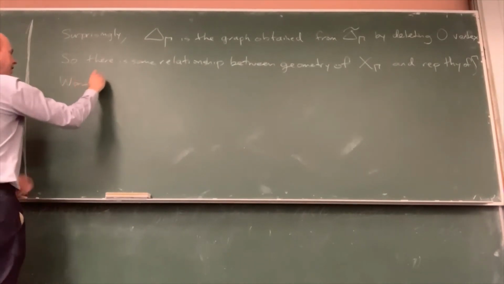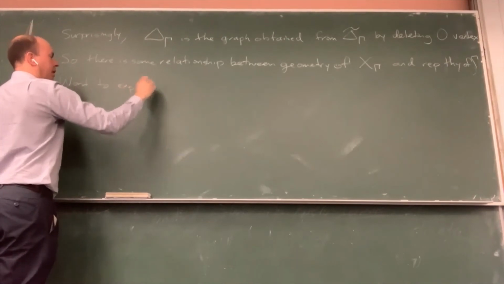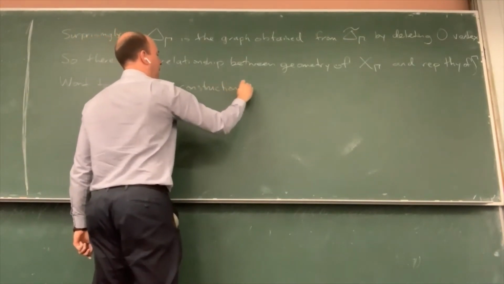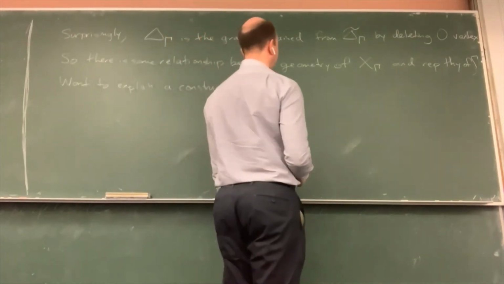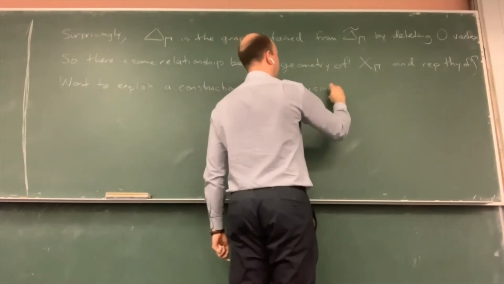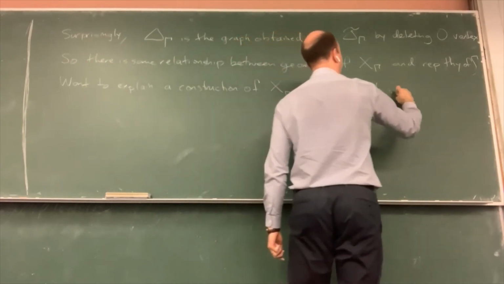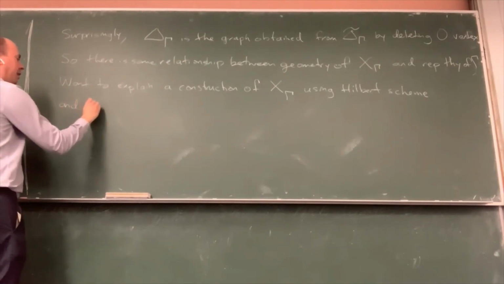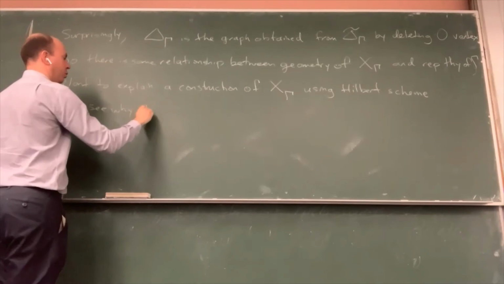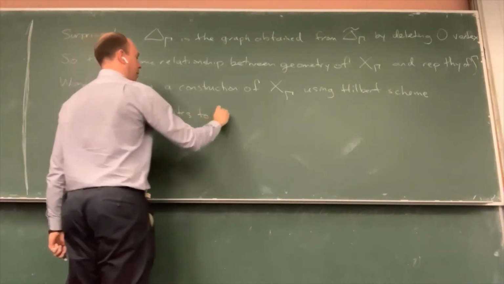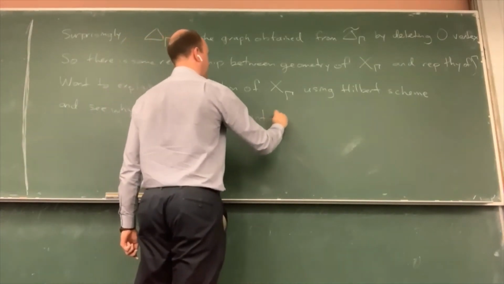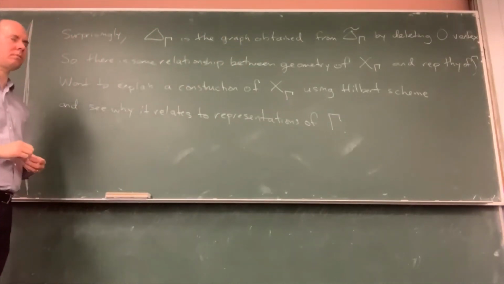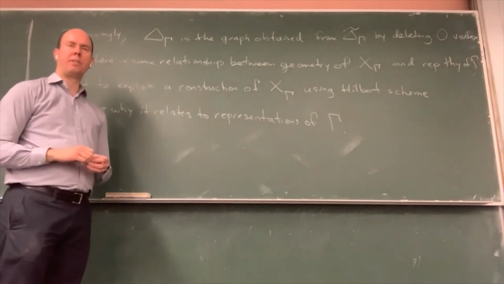What I want to explain, and this will probably end up going into another lecture, is how you can construct this minimal resolution X gamma using the Hilbert scheme that we've been studying so far, and see why you would expect it to relate to representations of gamma. So are there any questions?